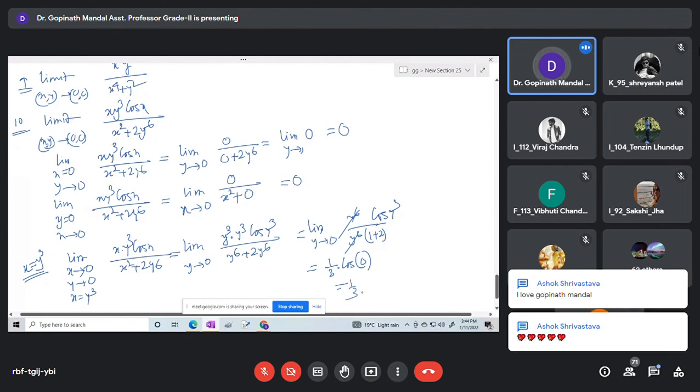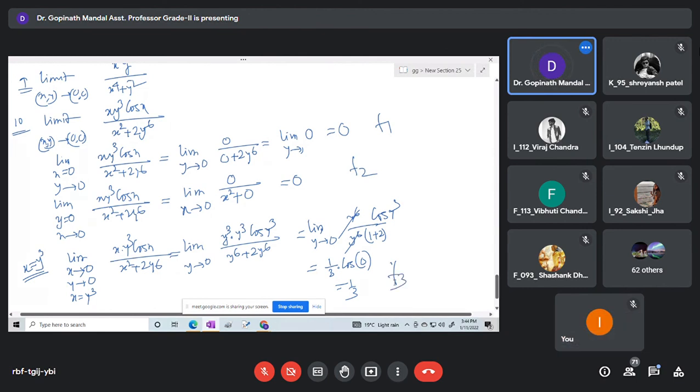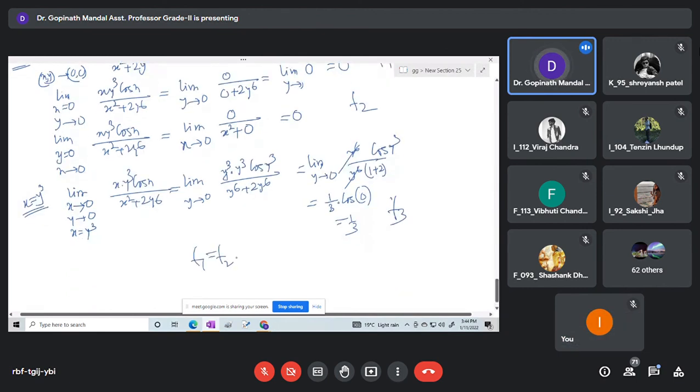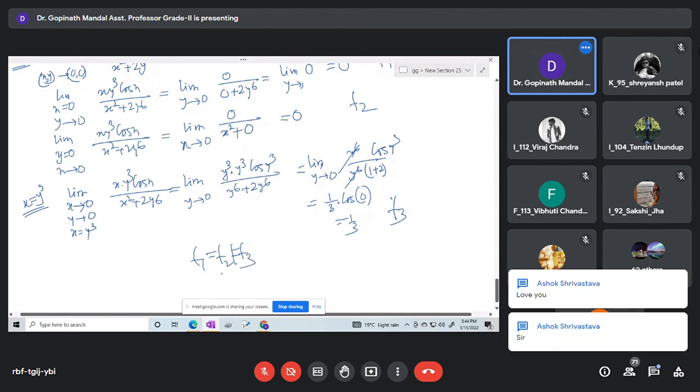So the limit is 1/3, and this is f3. So f1 equal to f2 but not equal to f3. That means the limit does not exist.